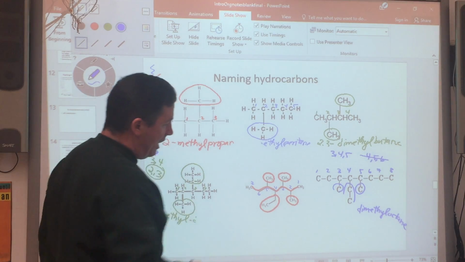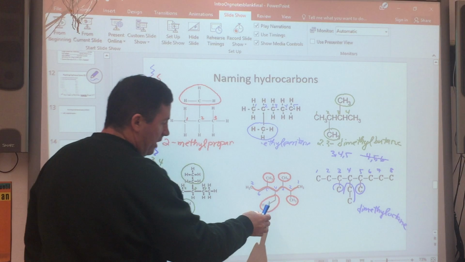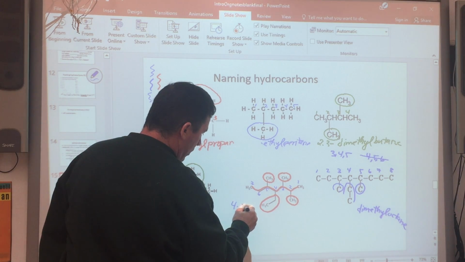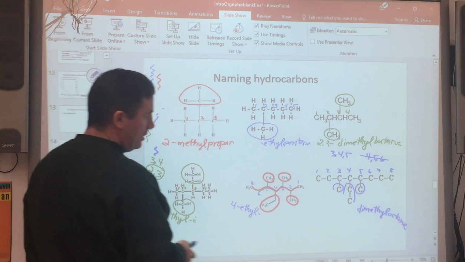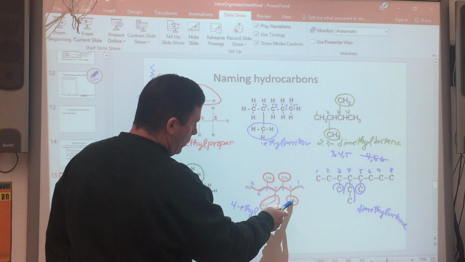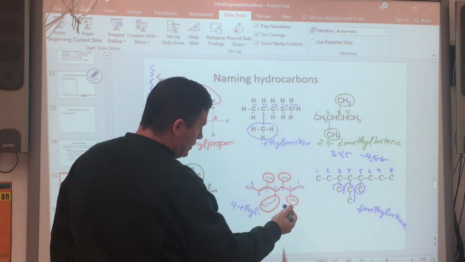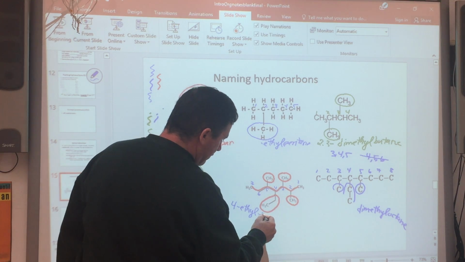I've got an ethyl or methyl, so alphabetically it's ethyl. So, that is number 4, yes? 4 ethyl. Look at all these methyls. 1, 2, 3 of them. I have to name them first. So that's 2, 3, 5.